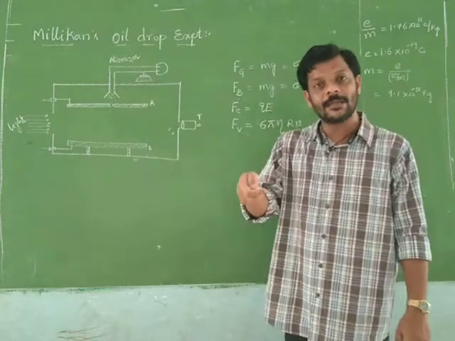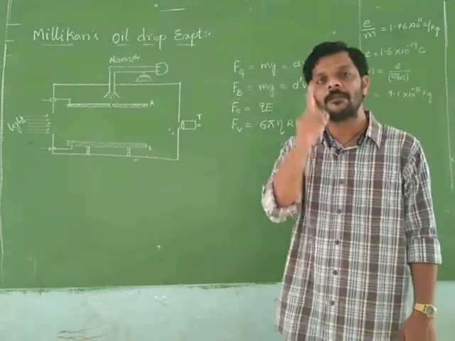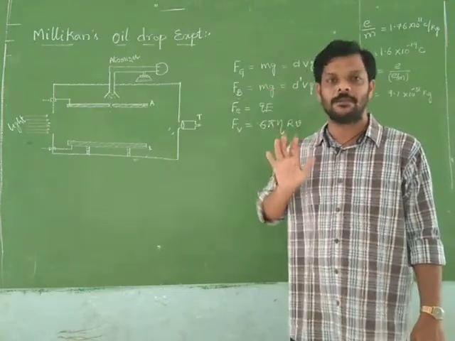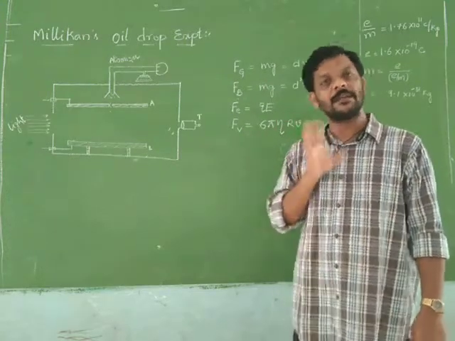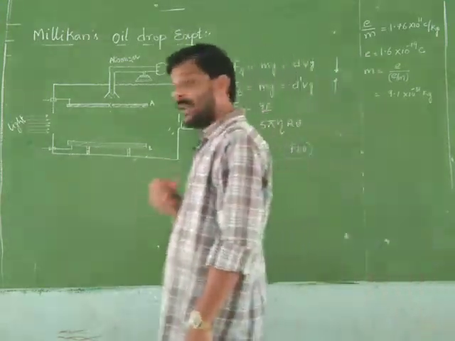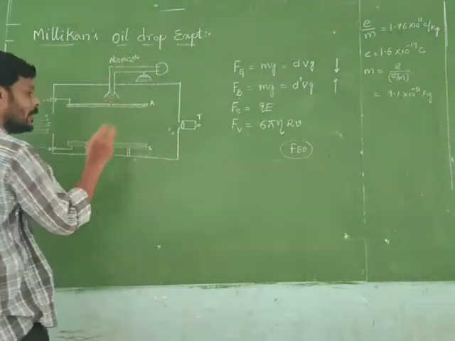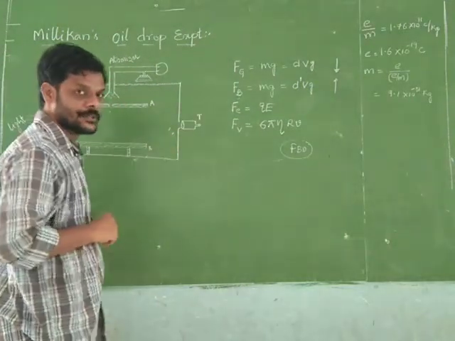The comb acquires some charge because of the friction between the dry hair and the comb. So the charges are redistributed, that is the point. Likewise here also, because of the friction, the oil drops get the charge.